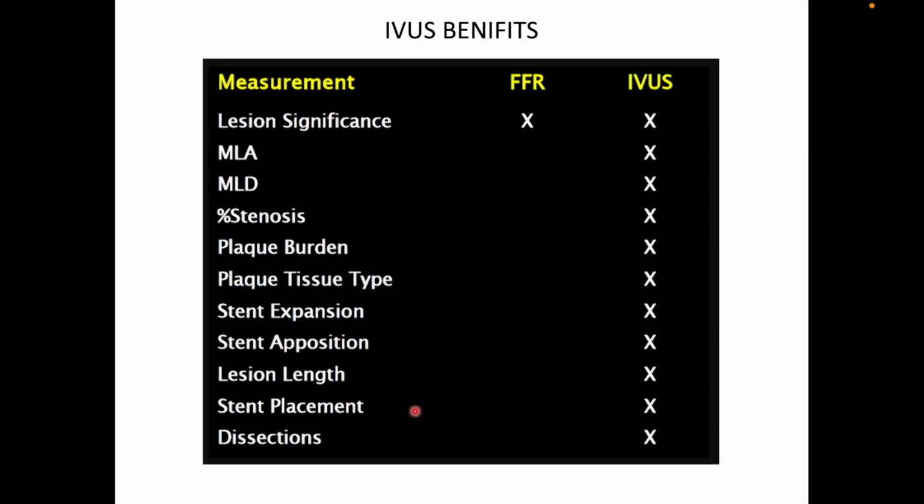Benefits of IVUS: when it comes to physiological significance, that's an area where FFR gets an edge. But with IVUS, under certain criteria, there is correlation between FFR and the MLAs that we see on IVUS. But other than that, all the morphology, the stent optimization, the stent planning, everything is based on IVUS.